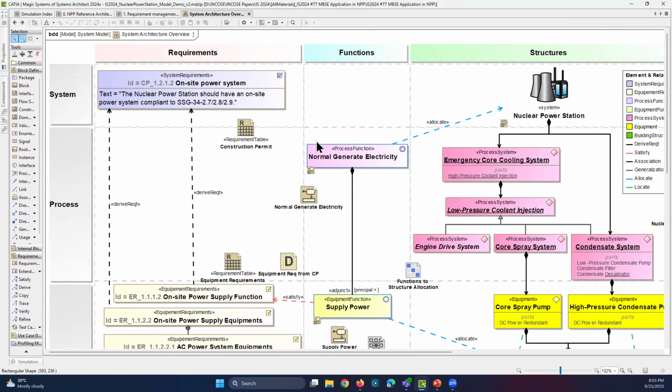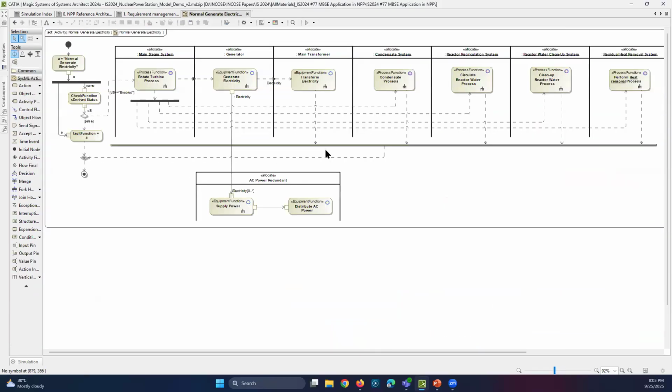So once we do that, the first thing we need to do is capture how this new nuclear plant should be operated. So then we build a very high level operational concept. This is what you can see from the operational concept.